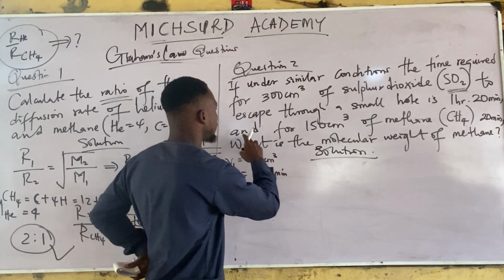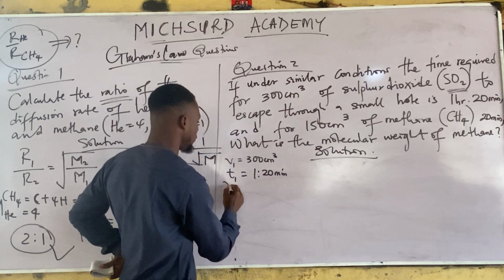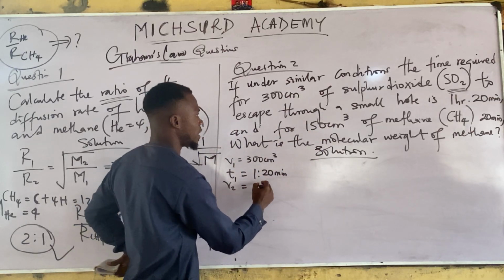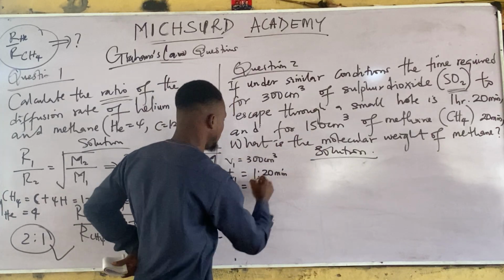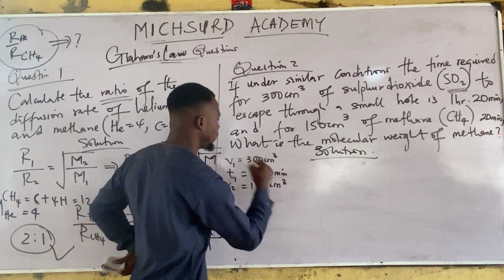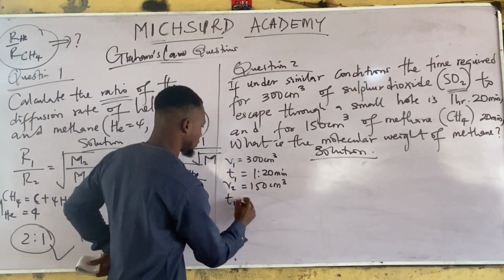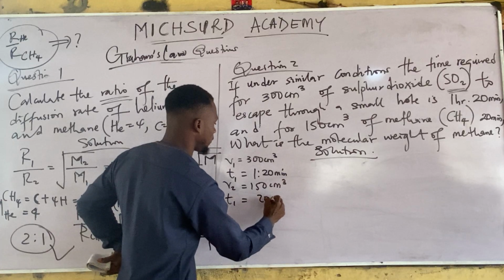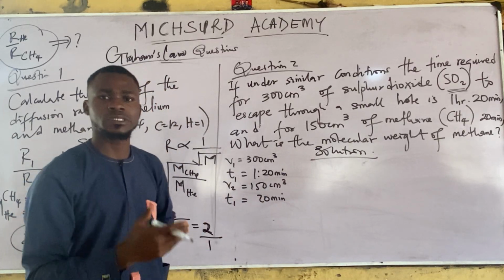We are also given the volume of methane, V2, as 150 centimeter cube, and the time as 20 minutes. So what is the molecular weight of methane?